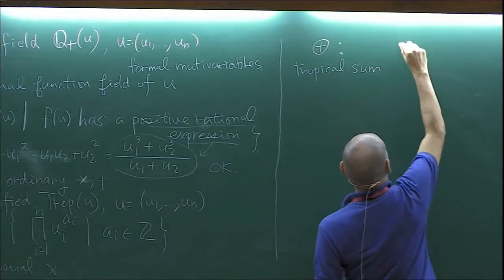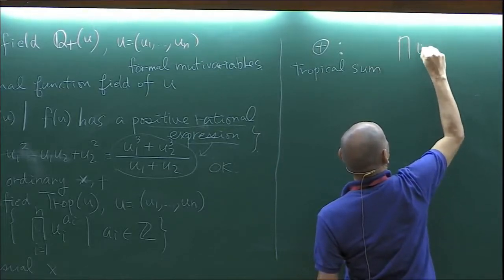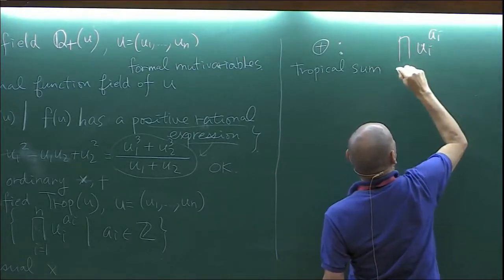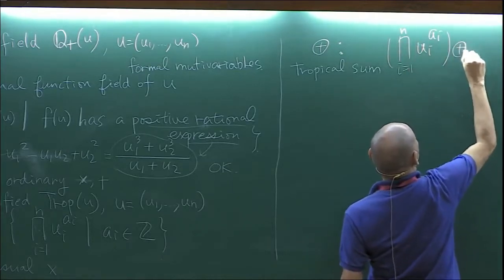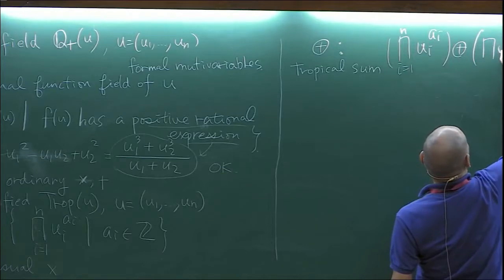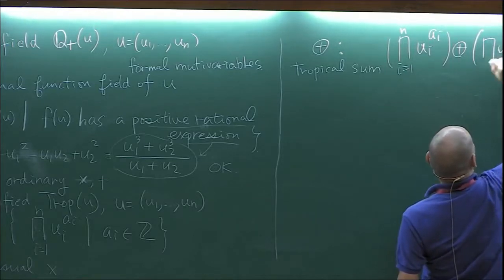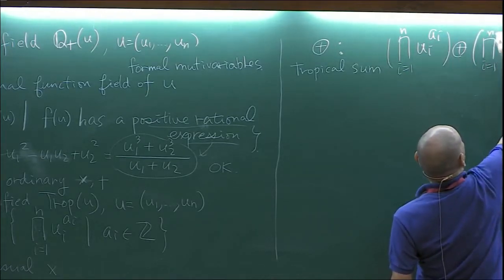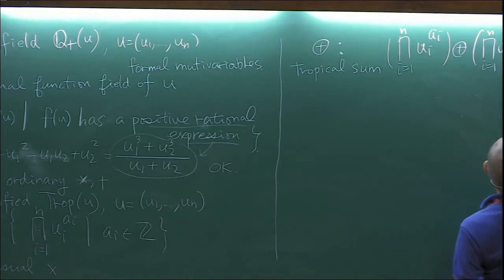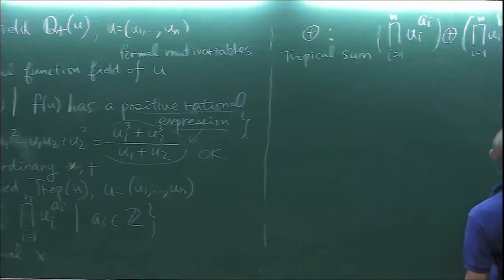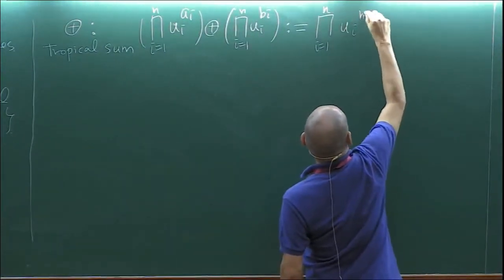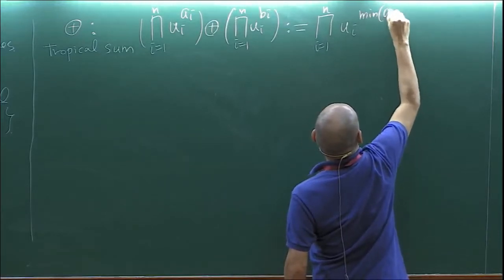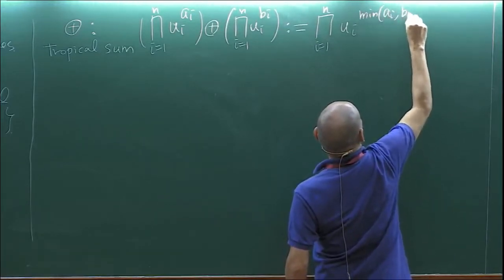And the definition is, if you have such 2 terms, say, and we have another one, then I define our new Laurent monomial with its power being the minimum of a_i, b_i.